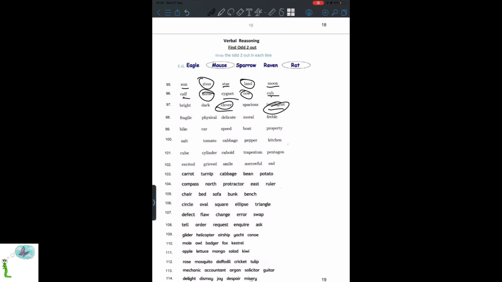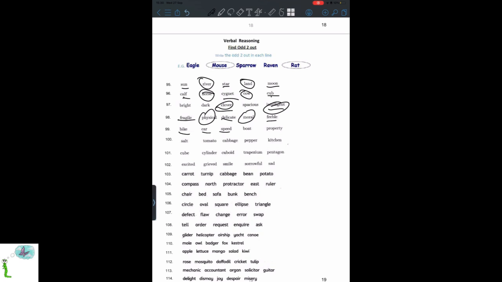Fragile, physical, delicate, moral, feeble. These three are the same meaning. Fragile, delicate, feeble. So it's going to be these two. If you don't know the meanings, look them up in the dictionary. Make sure you note them down. Try and use them in as many sentences as you can, just so you can get used to using them, right?